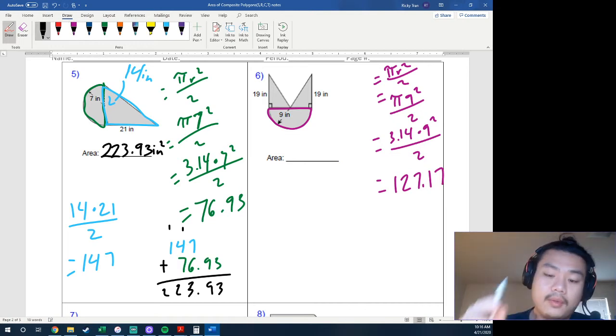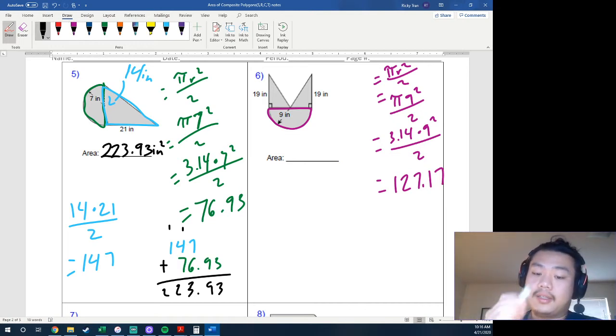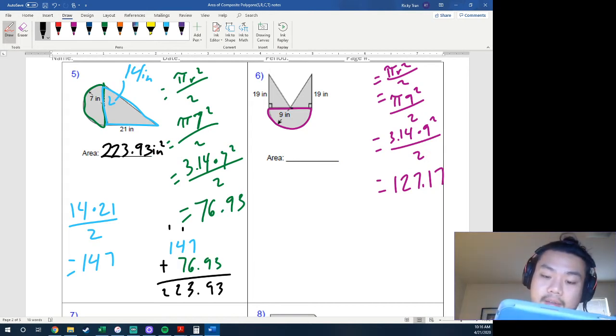Okay. Now, in this case, your radius is still 9 right here. Your radius is 9. So you're actually finding this length right here, which is still 9, and you use that to find this area and this area, because this is still 9 as well.